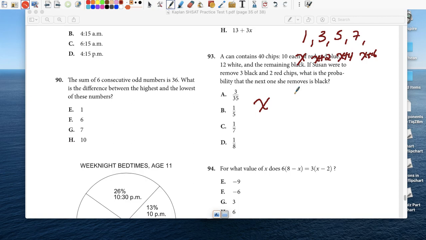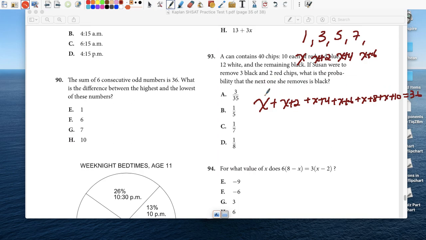So we have 6 consecutive odd numbers. The first one is x, the second one is x plus 2, the third one is x plus 4, then x plus 6, x plus 8, and x plus 10. And we know that all of them add up to 36.